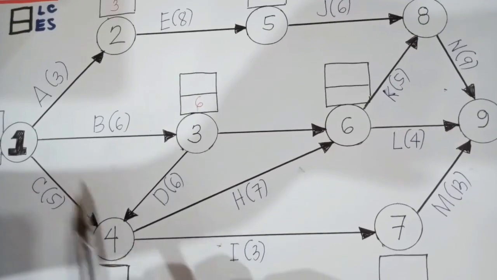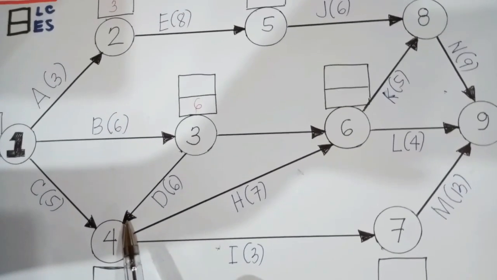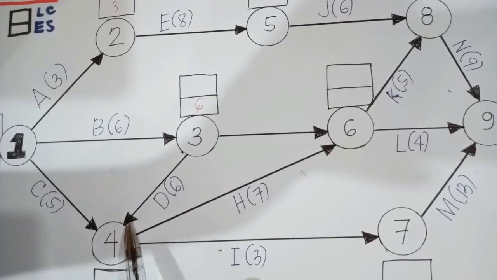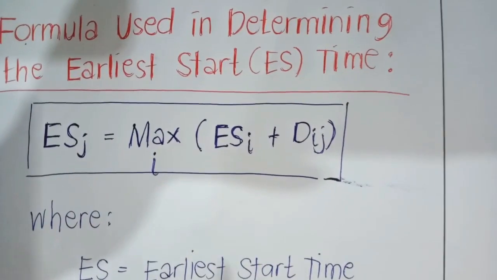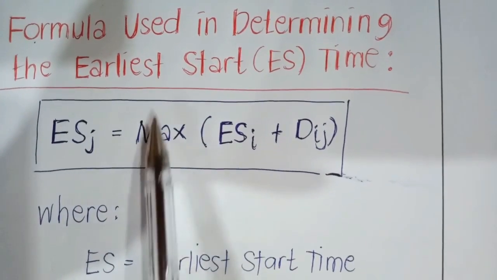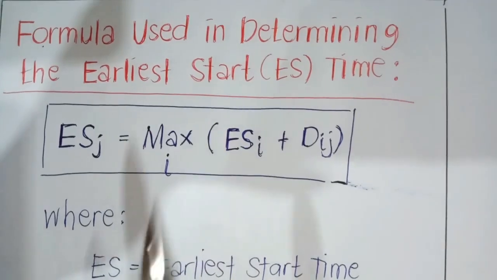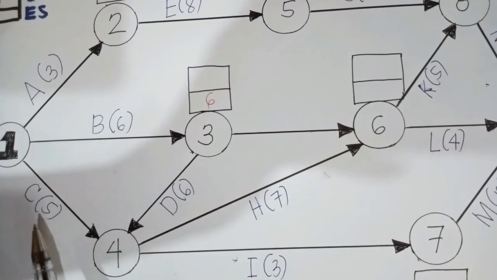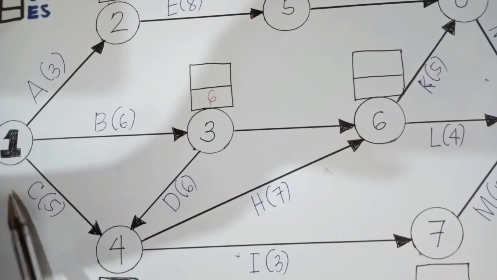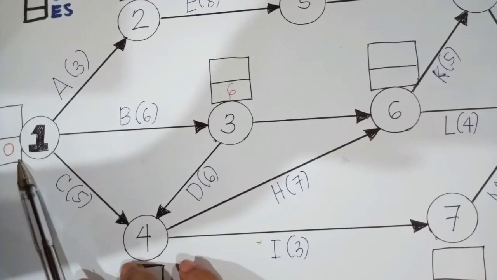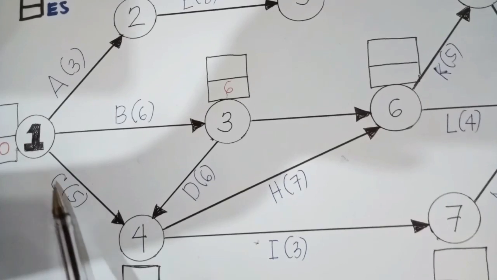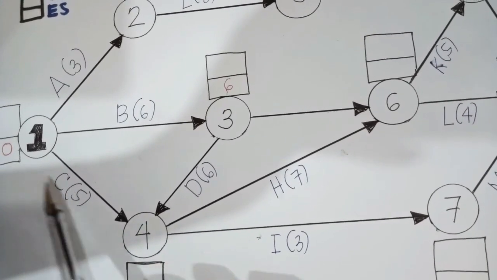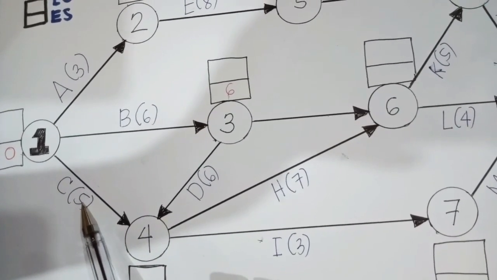Since we are doing the forward pass, we need to find the maximum value, as shown in our formula. For activity C, its earliest start time is 0 and its duration is 5. So 0 plus 5 is 5.